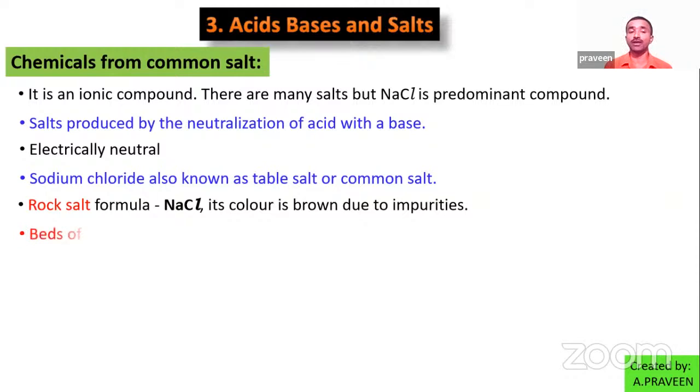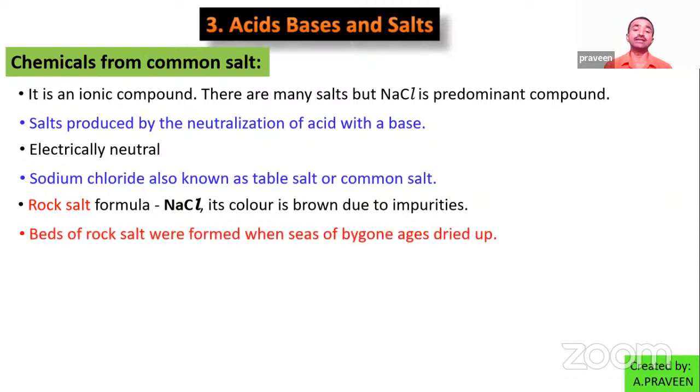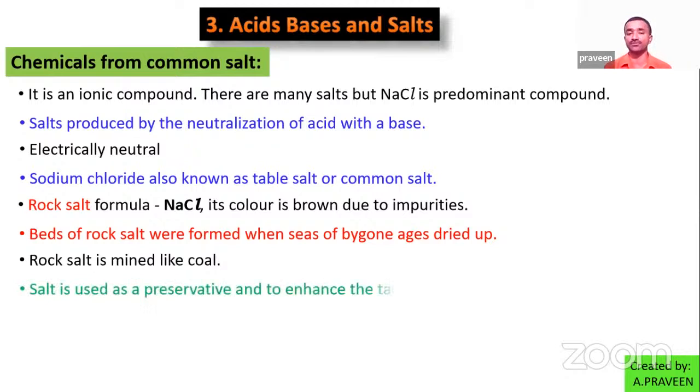They are formed as beds: beds of rock salt were formed when seas of bygone ages dried up. Rock salt is mined like coal. It is obtained by mining like coal. That salt is used as a preservative in our day-to-day life, and it also enhances the taste of food.